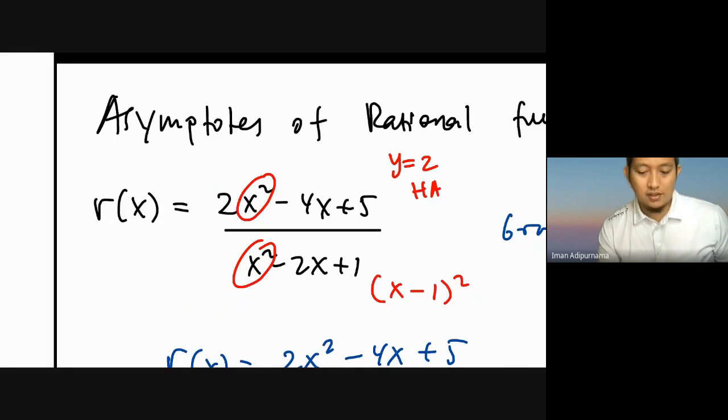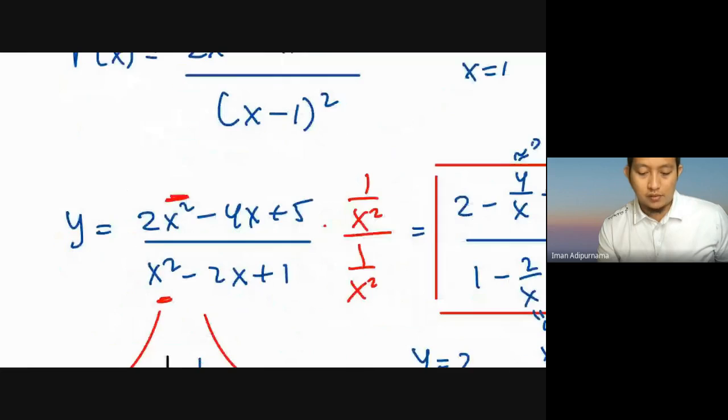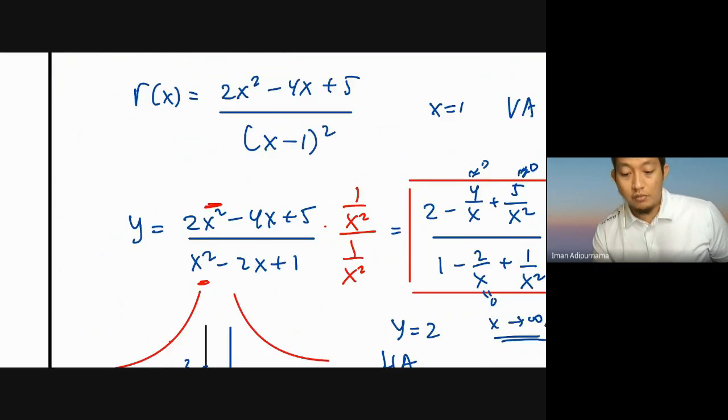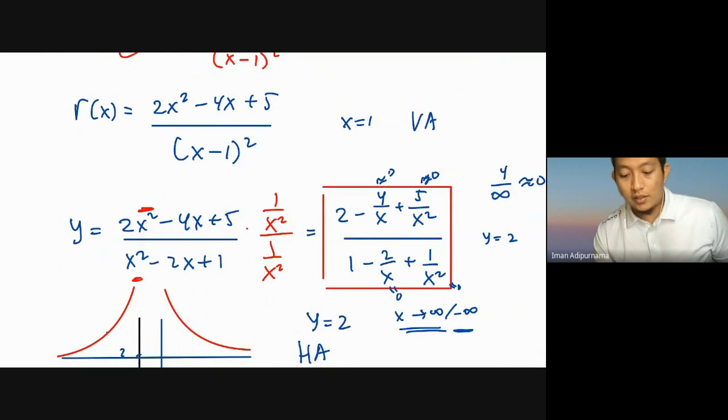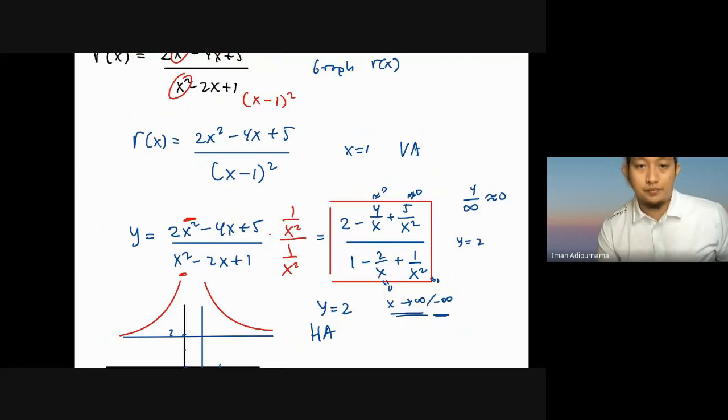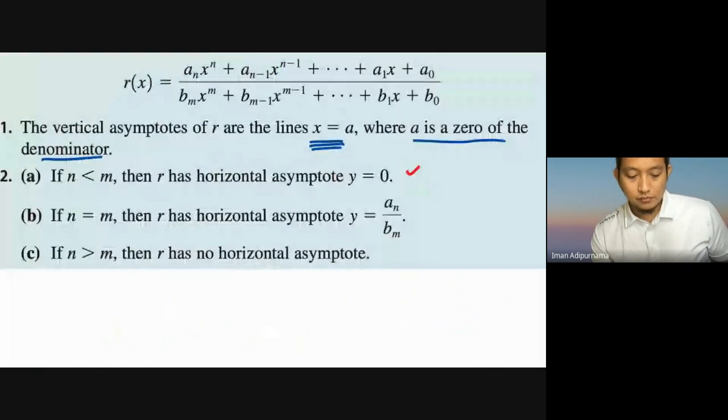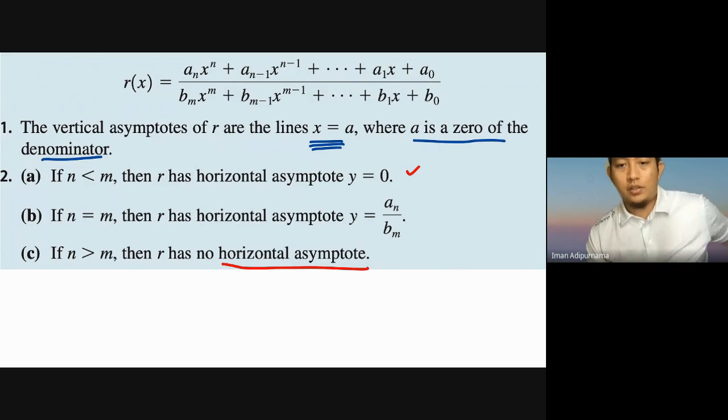The way to prove it is to divide by x squared, the biggest degree of the polynomials, and that way we can see that it's actually y equals 2. And if n is larger than m, there will be no horizontal asymptote. I think that is quite reasonable.